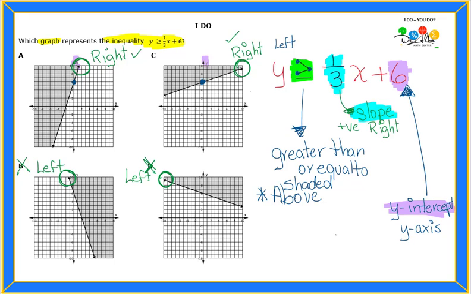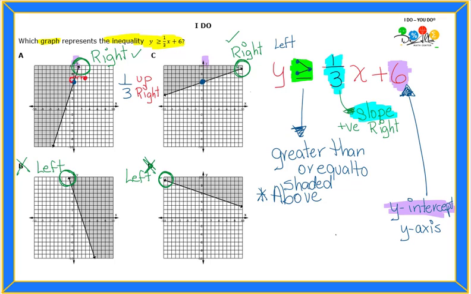Now remember, if the slope is 1 over 3, I'm going to write it down over here. That means that we're going to go 1 up and 3 to the right. And that's one that we can actually check. So I'm going to check letter A. We're going to go 1 up and then 3 to the right. So that's 1, 2, and 3.